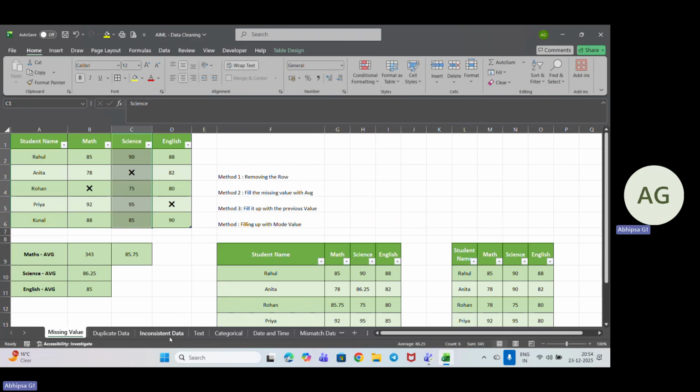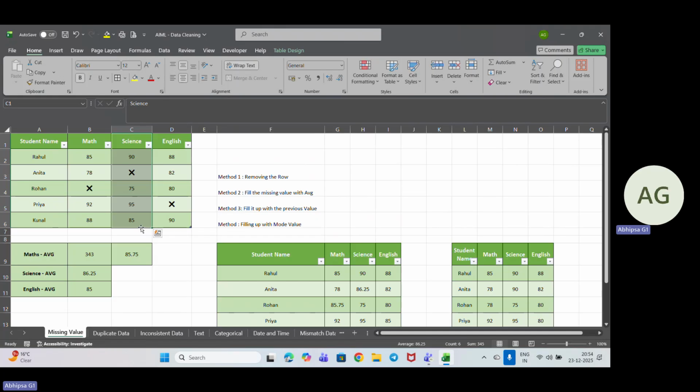Suppose the numbers are very different, but most of the students have scored around 85, so 85 has the highest frequency as the score, like around 3 or 4, right?